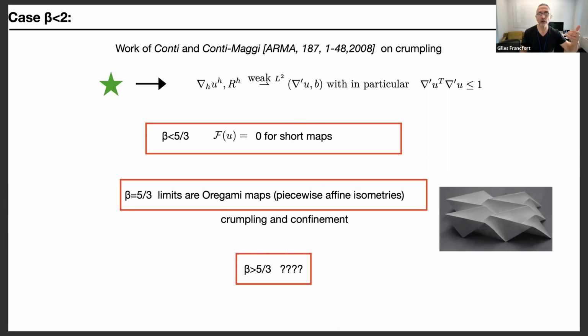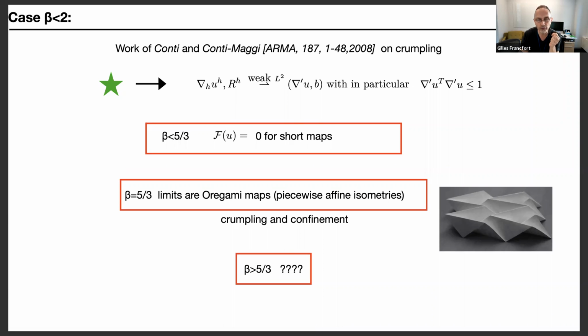And so by lower semi-continuity of the weak limit, all you can say is that the limit U is a short map, so it satisfies this inequality, grad U transpose grad U is less than 1. So what Conti and Maggi could prove is that for beta less than 5/3, the gamma limit is trivial. It's 0 for short maps and infinity else.